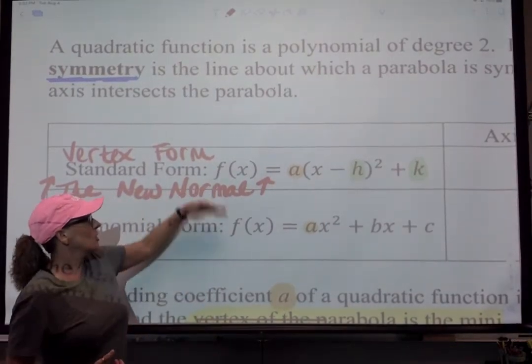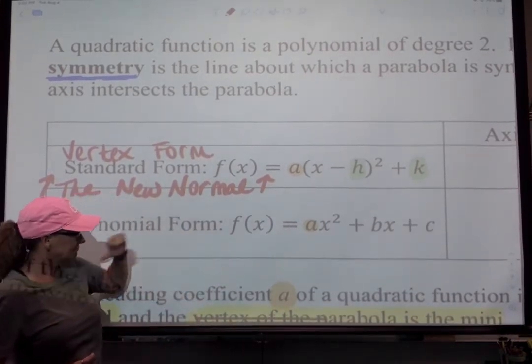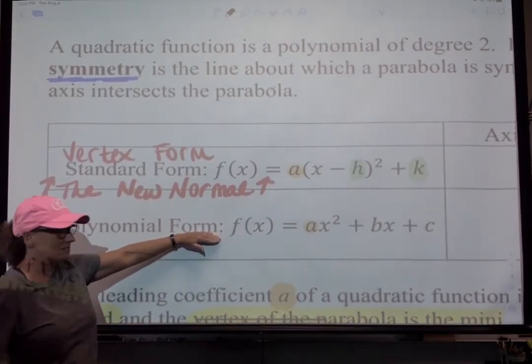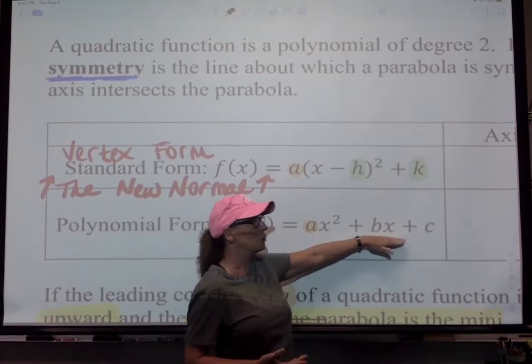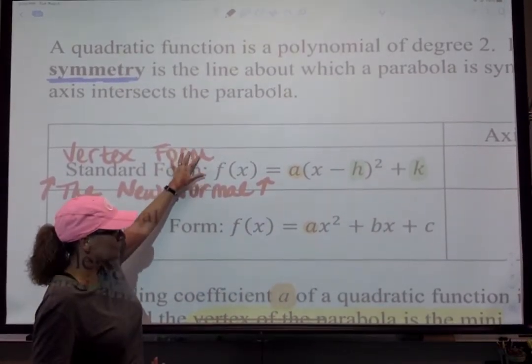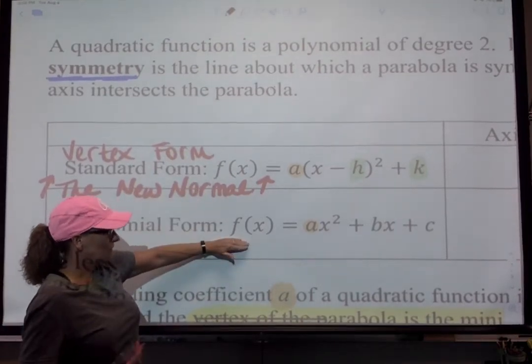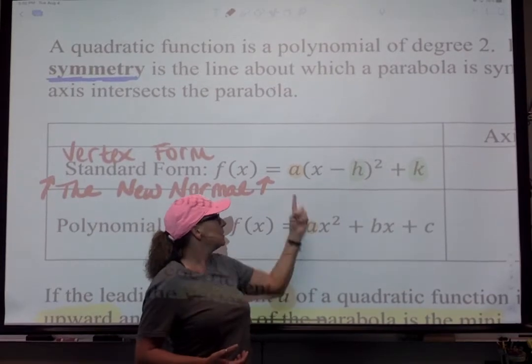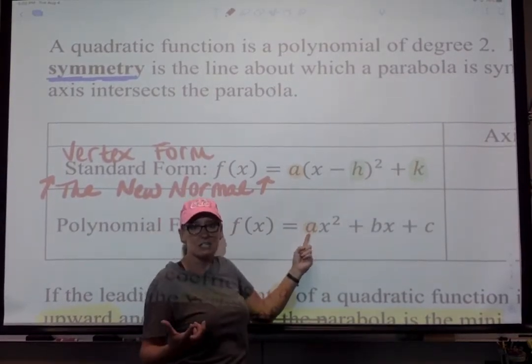So because we don't want to call both of them standard form, we're going to call this one polynomial form. Makes sense, right? It's a polynomial. So this one is standard form or vertex form, and this one is now, we're going to call it polynomial form. So notice that in both forms, the leading coefficient is going to be the same.